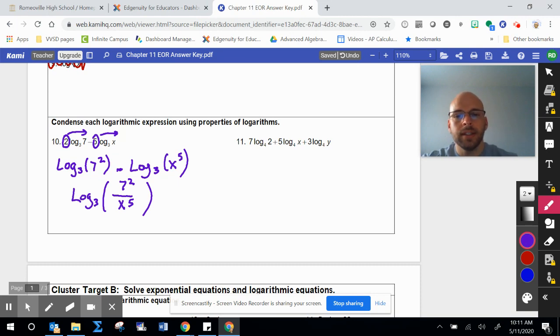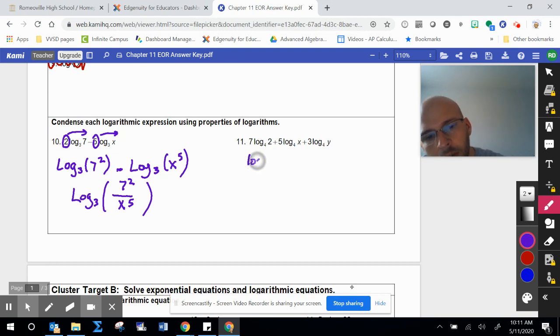So when we condense, we're going to change any of those coefficients to exponents in the very beginning.